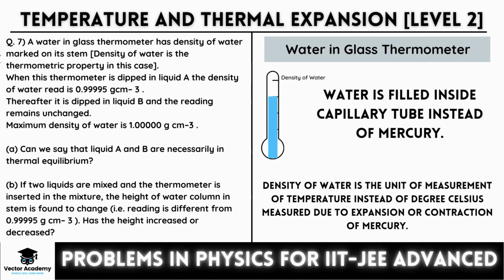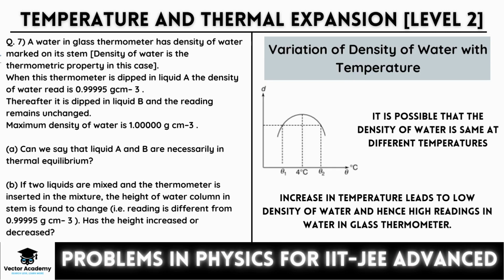Here, water in glass thermometer means that water is filled inside a capillary tube instead of mercury. Here, density of water is the measure of temperature instead of degrees Celsius measured due to expansion or contraction of mercury. The density of water changes with temperature as shown in the figure.